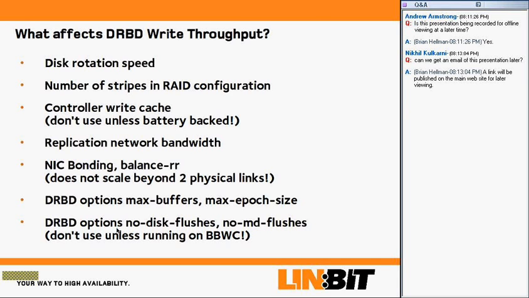and one other thing that I want to mention in terms of throughput before I actually get to a quick demonstration, because this is also sometimes a source of confusion, is how background resynchronization affects DRBD replication throughput. Now again, here's a quick recap on how DRBD works.